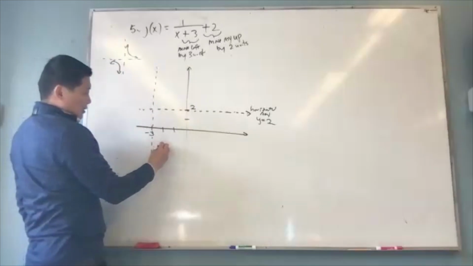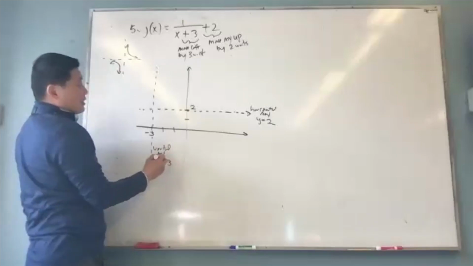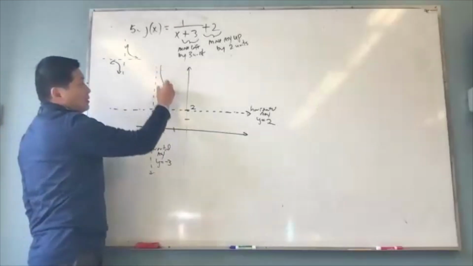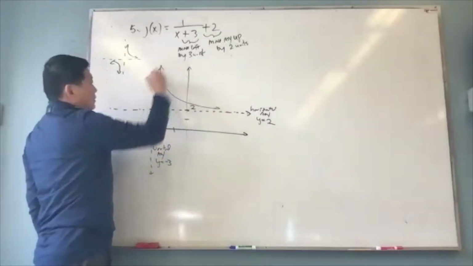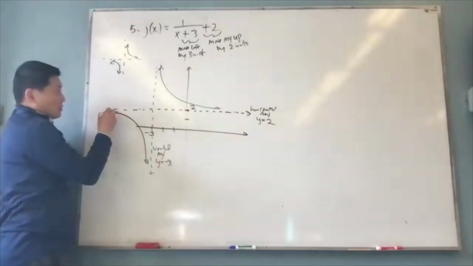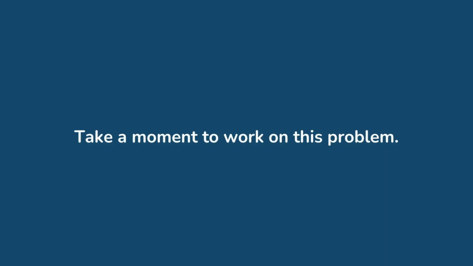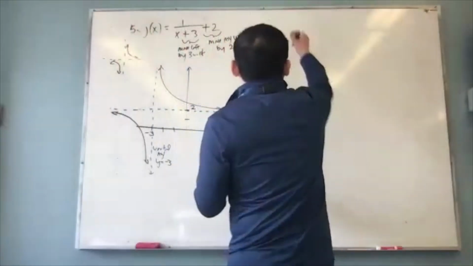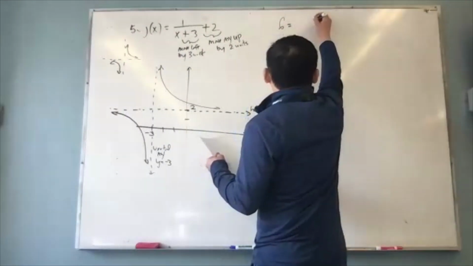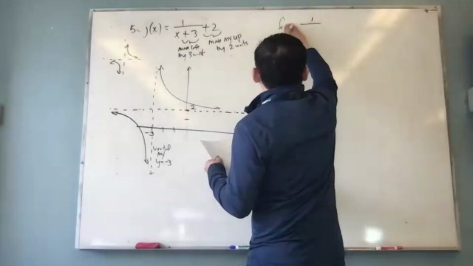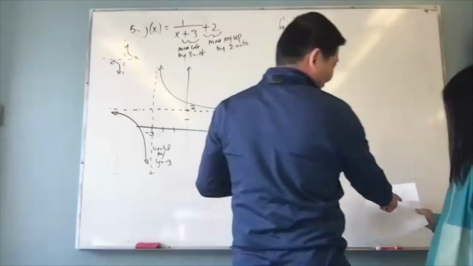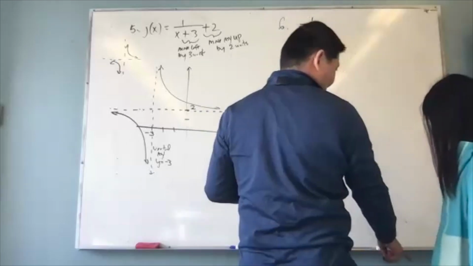And you have a vertical asymptote this way, and then largely this is just going to be like this. Make sure it's nice and curvy, not like that.